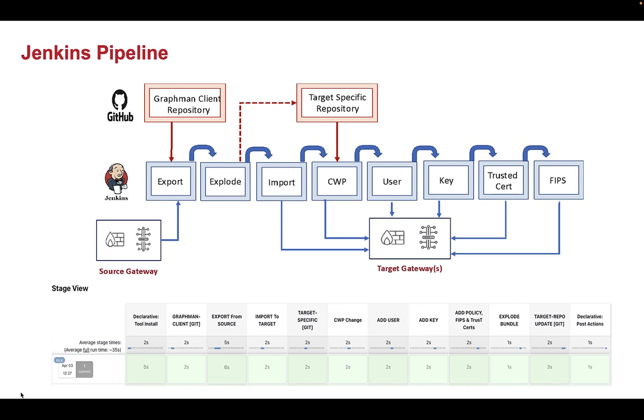What I do is first I'm retrieving all the Graphman client components from that repo, and then using that I'm leveraging the source gateway and exporting the required folders, proxies, and dependencies from the source gateway, so that I can get them all individually compiled into simple JSON files.